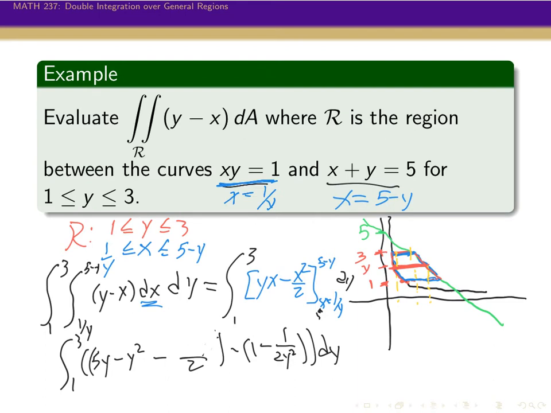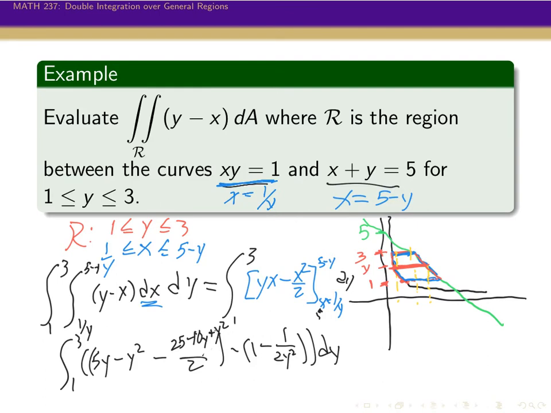So let's put that in. This is 25 minus 10y plus y squared. Okay, so then I have 25 over 2, which I can't do anything with. But then I have minus 10y over 2, but it's minus minus.